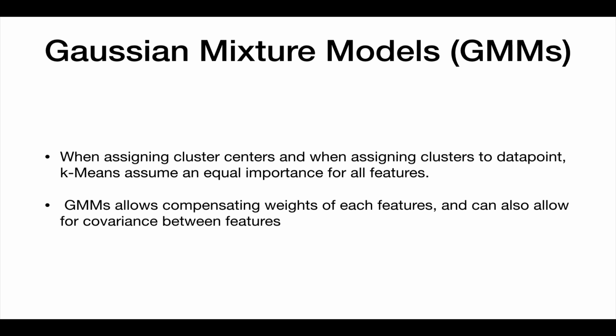This is a so-called circular or spherical distance metric. However, with Gaussian mixture models we can include not just different weights for different features, but we can also model any covariation between the features. The book shows this quite convincingly, so I won't go into the details of this.